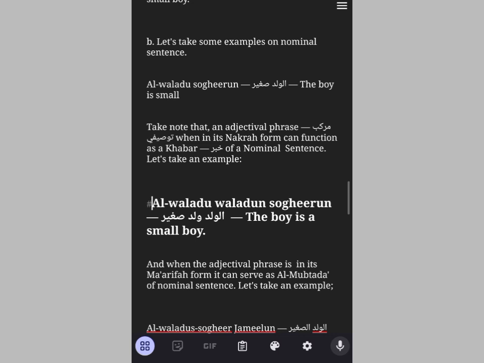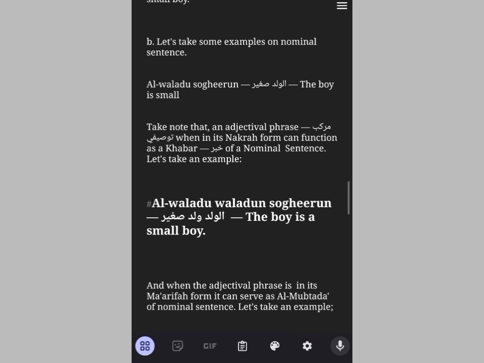So we can also say the small boy is smart. So we just say الولد الصغير ذكي. Alright, that's it. الولد الصغير ذكي.